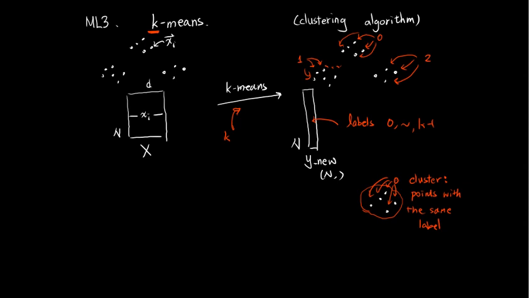All right, and more than that, for each cluster you can calculate its center. So this is the center of a cluster. This is the cluster center. And cluster center means the average of all points in the same cluster.